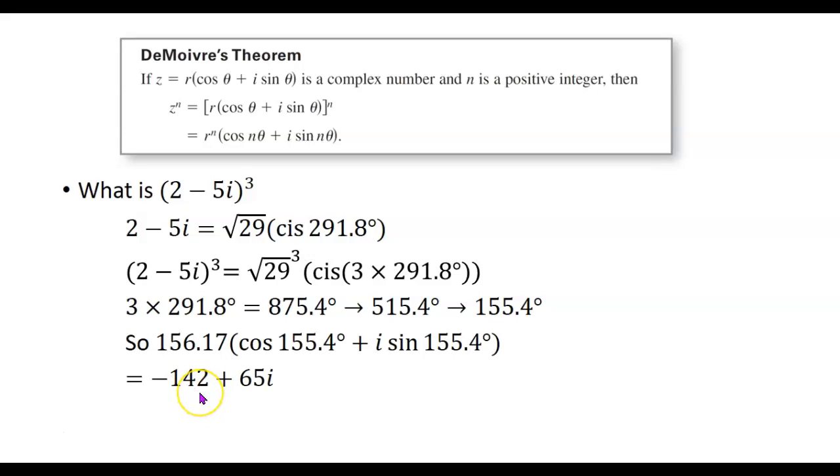It's about -142. And what is 156.17 times the sine of 155.4 degrees? It's about 65. So in standard form, that is -142 plus 65i. That's what the calculator said. So yeah, that is what we get when we start with 2 minus 5i and we raise it to the third power.